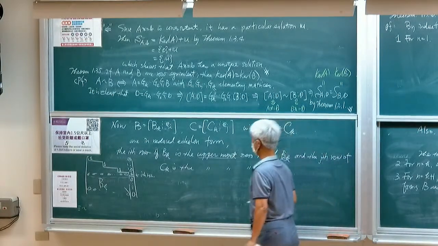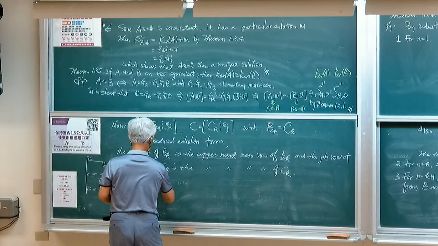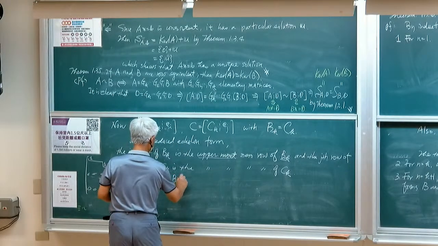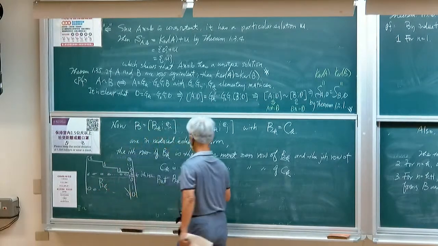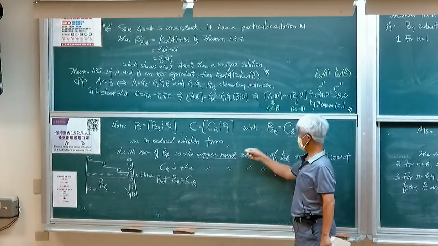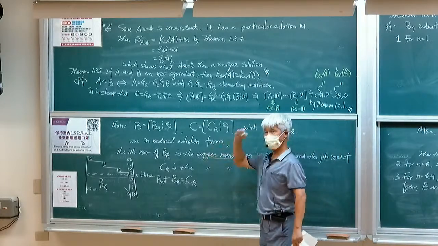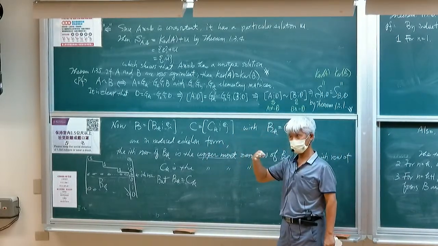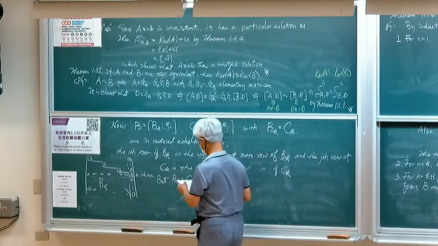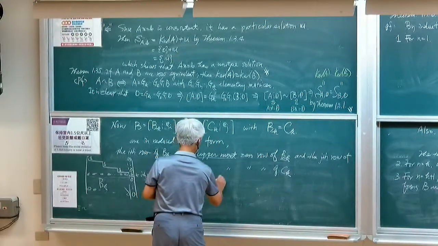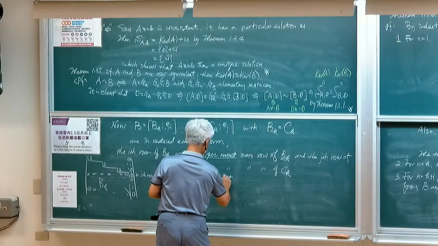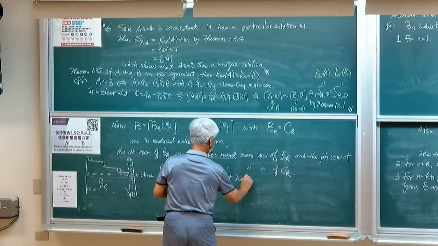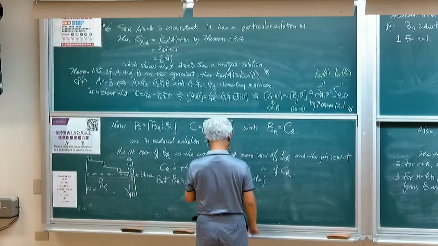Right, but B_k is equal to C_k. So they must have the same uppermost zero row because they are the same. So we must have i equal to j.